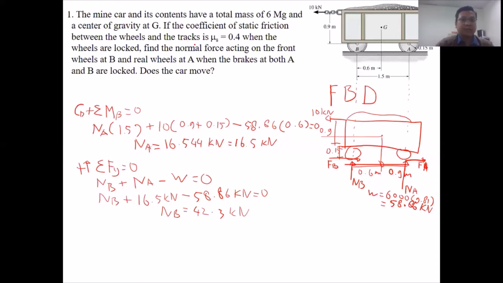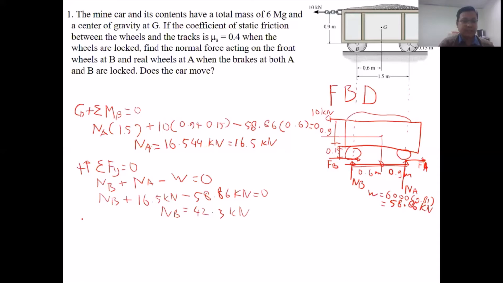If the wheel in the lock system is equal to 0.4, then if we lock wheel B, the force should be calculated by multiplying by 0.4. And if we lock both wheels A and B, both should be multiplied by 0.4. So let's do it.